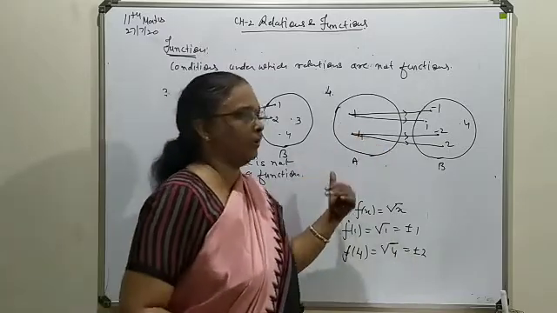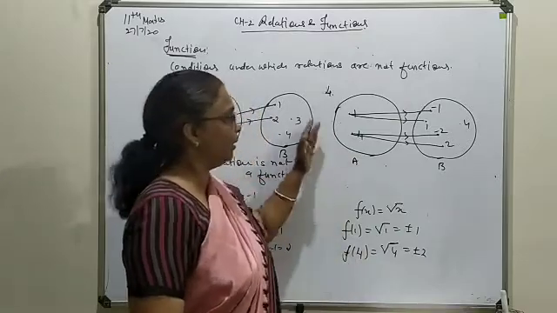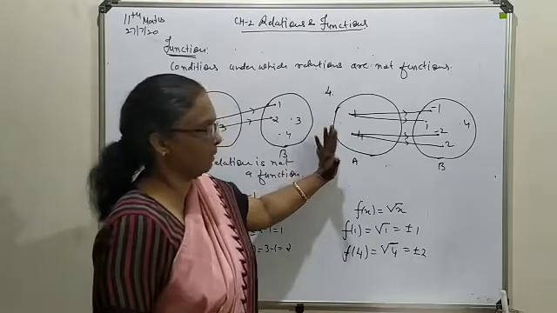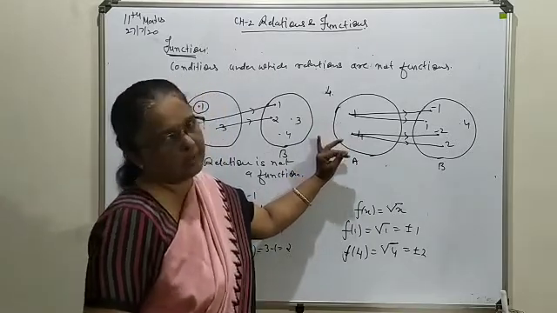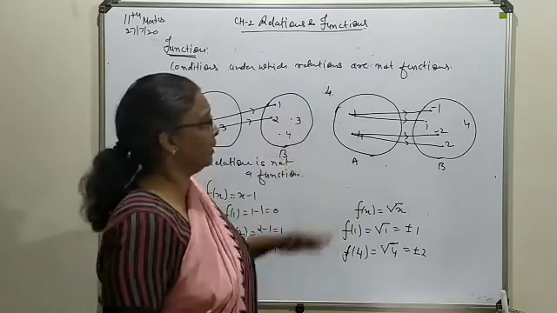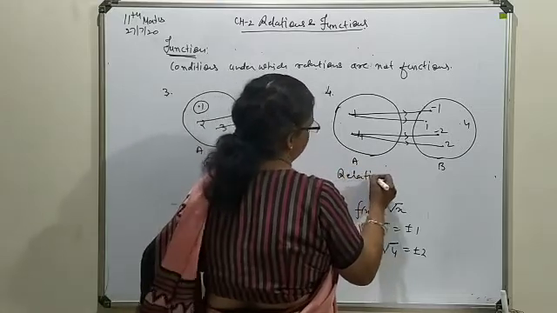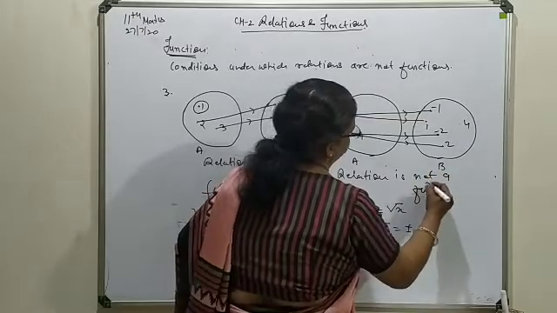So the reverse order is possible. Many-one we have already discussed as the second point, but here this is a reverse case of what we discussed. So in this case also your function will not exist, or it will not be derived from the given relation form. So here also the relation is not a function.